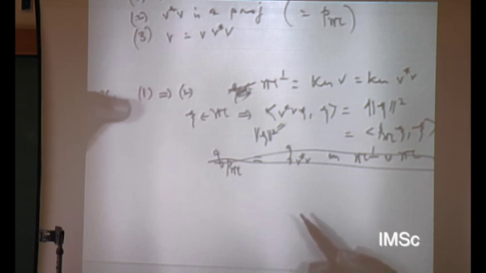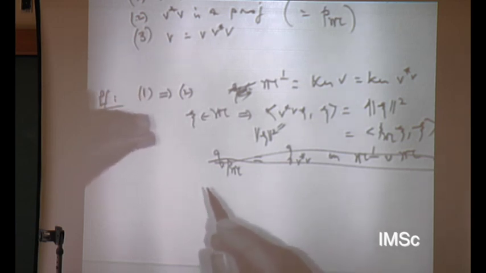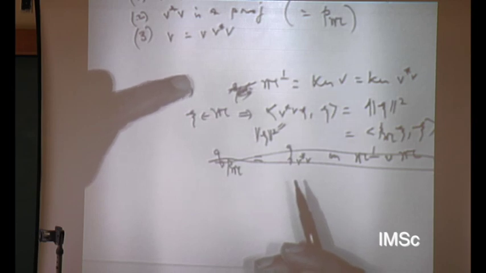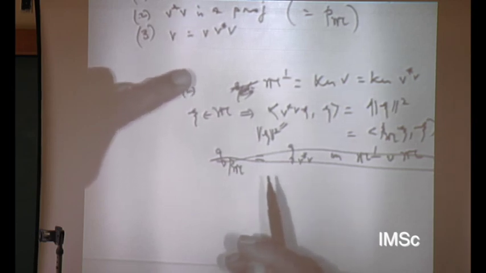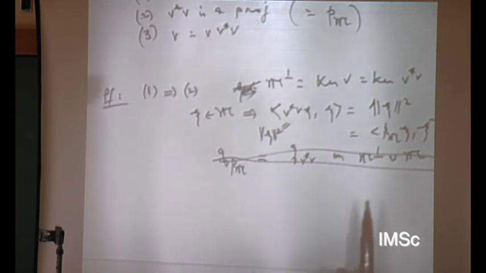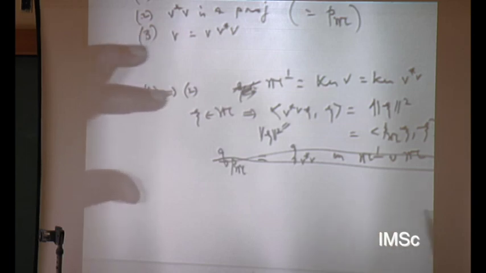V star V is self-adjoint. And this is 0 on the kernel of V. V star V is 0 on the kernel of V. Okay.